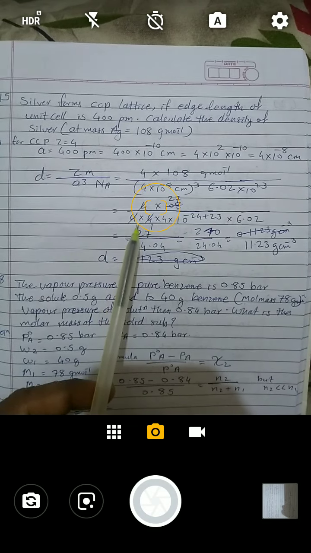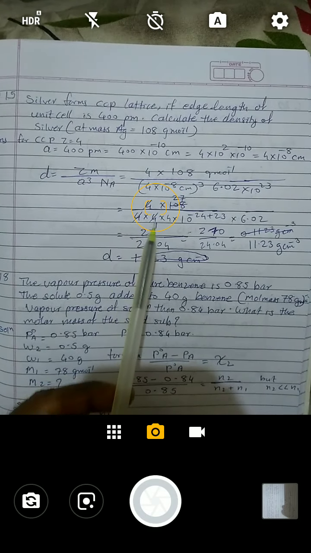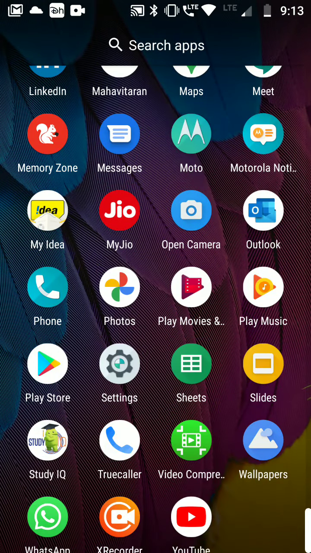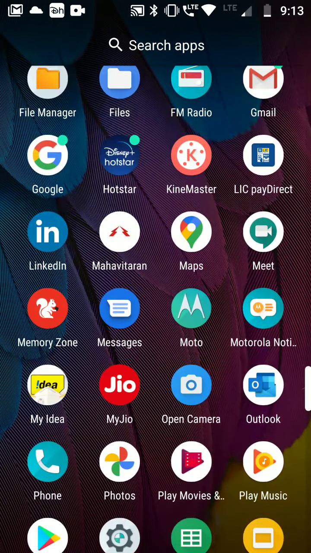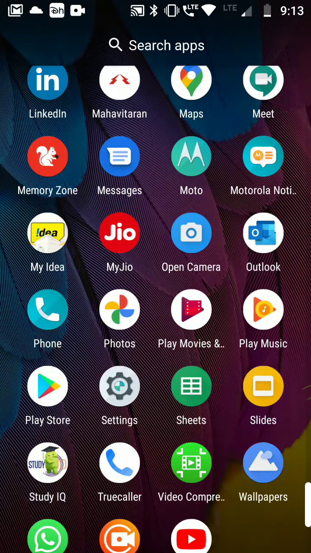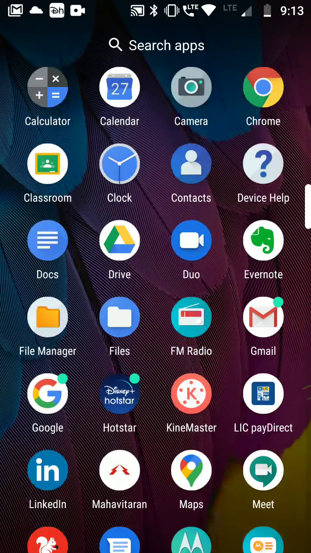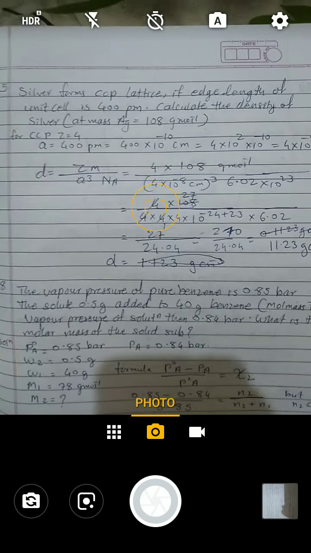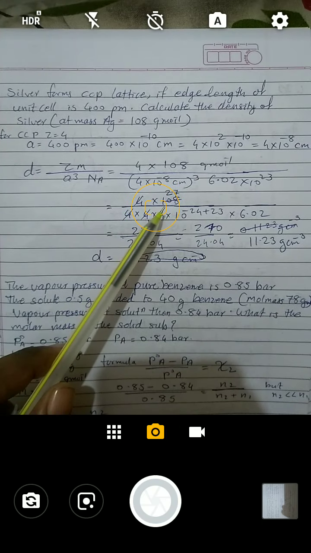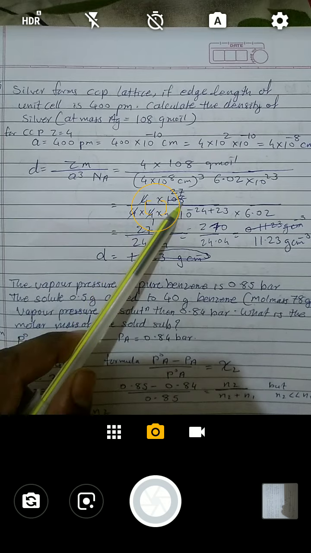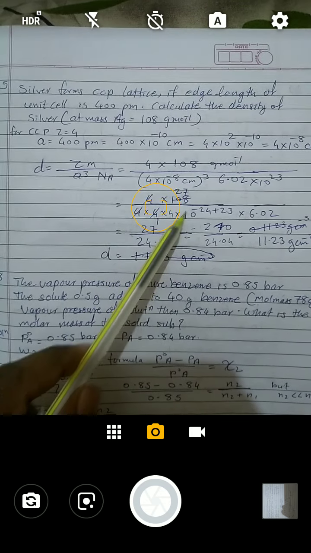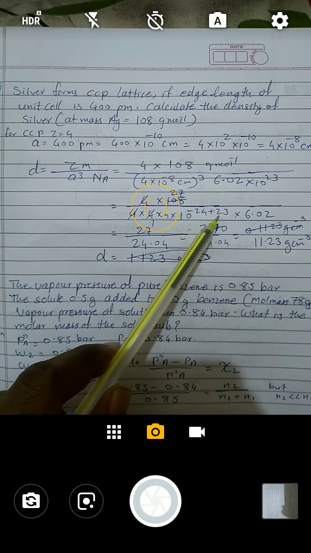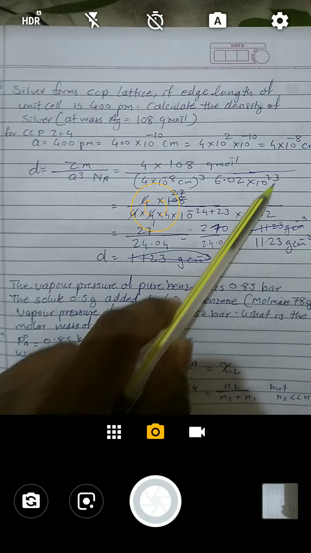Then here 4 cube, that means 4 into 4 into 4, the 4s are cancelled. Then this 4 is cancelled by 108, and it comes out to be 27. 10 raised to power minus 24 plus 23 from here.